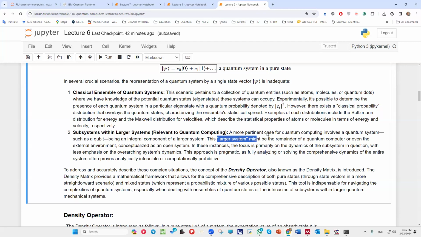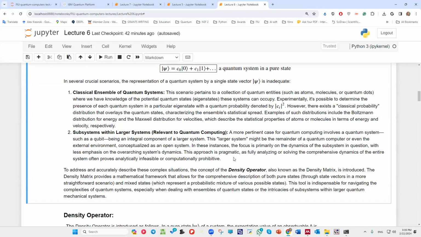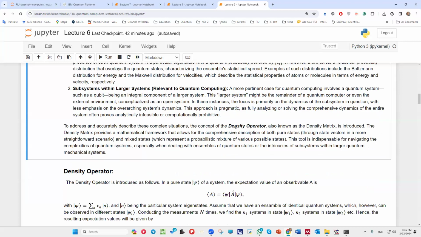Okay, so I encourage you to read what I wrote here. The bottom line is that the vast majority of quantum systems cannot be represented in a pure state, and we need the mixed state description, and the description of the mixed state is conducted using a density operator or density matrix.